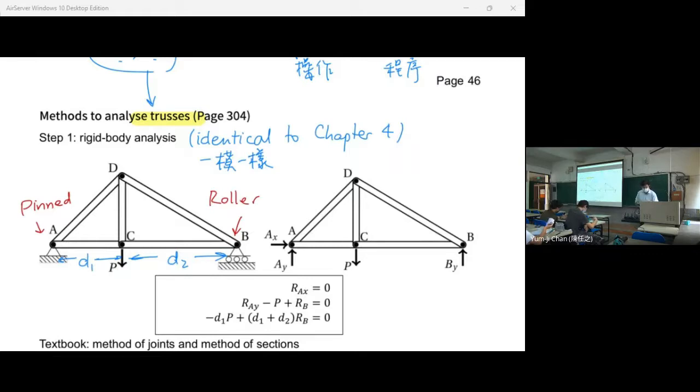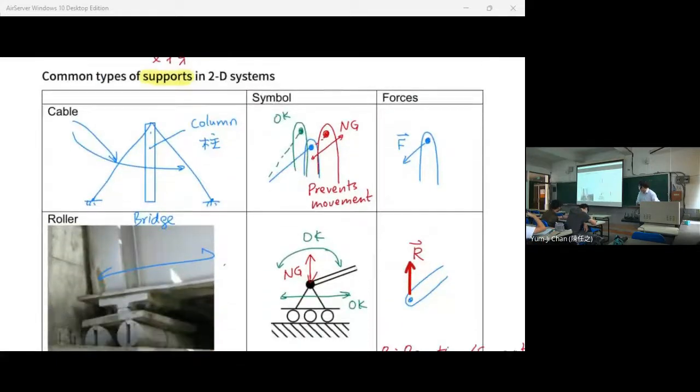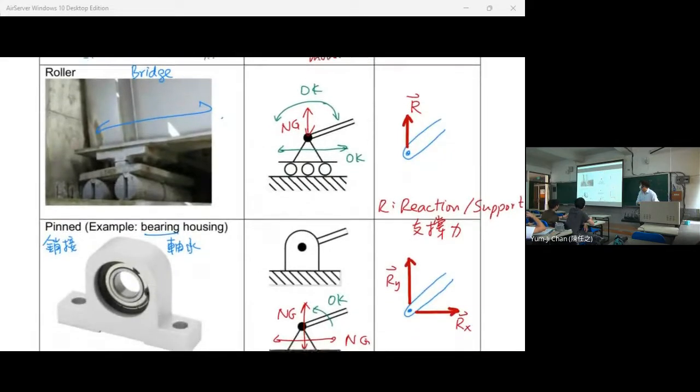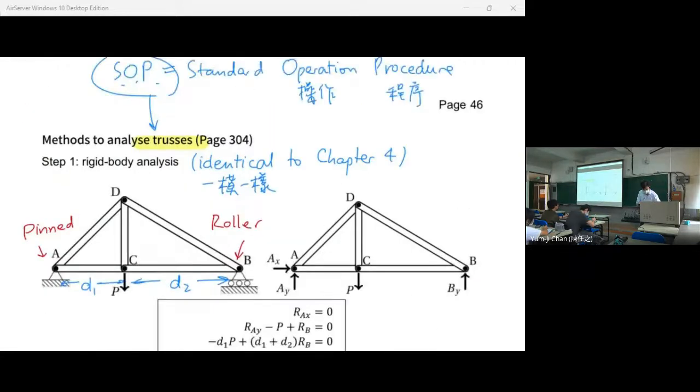If you forget or did not get my point, go to page 37. These are the typical types of joints we deal with, and we will see these joints many times in this course. On the left we have a pin joint, and on the right we have a roller joint.